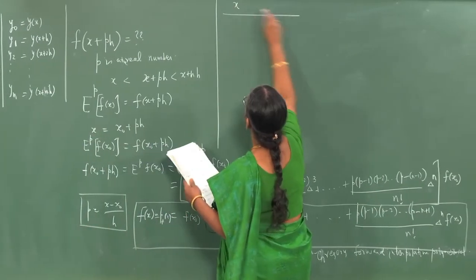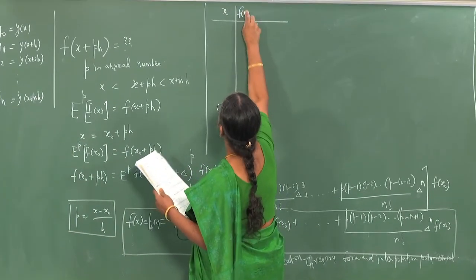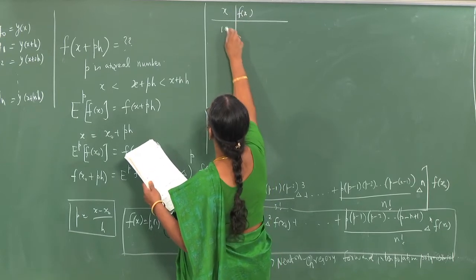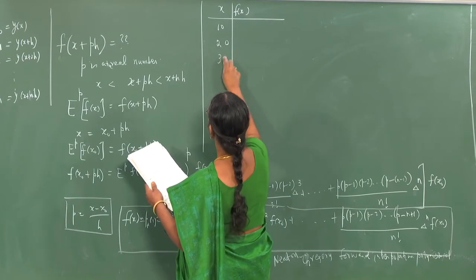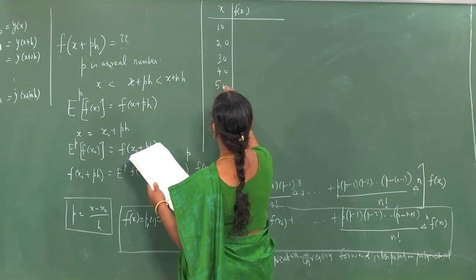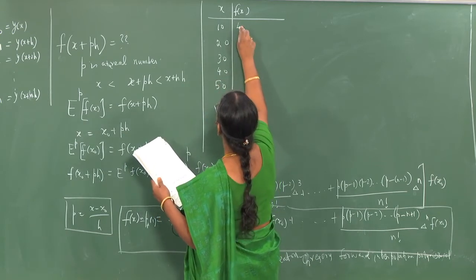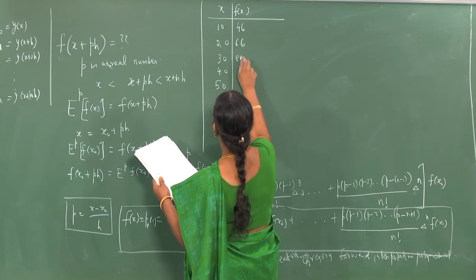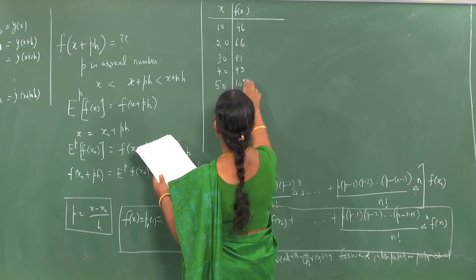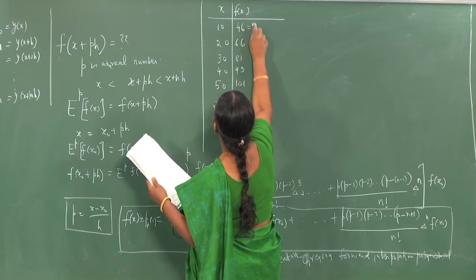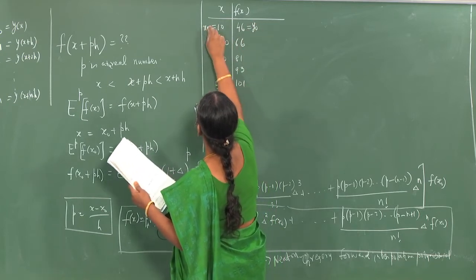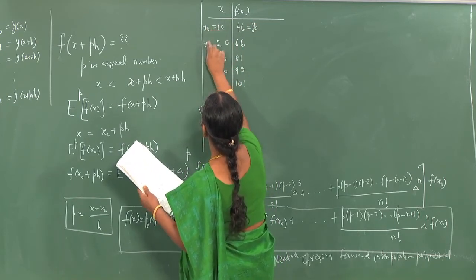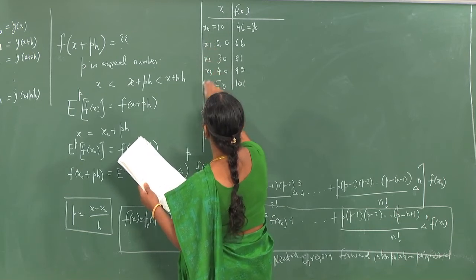You are given the x values and the function values at say 10, 20, 30, 40, 50, and the function values are 46, 66, 81, 93, 101. So, we know that this is y naught and this is x naught, x1, x2, x3, x4.